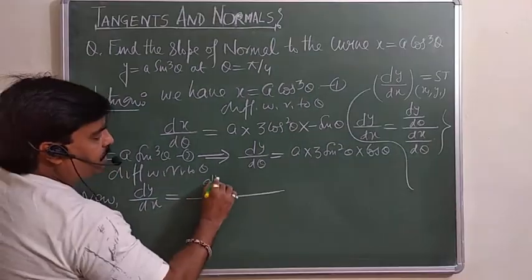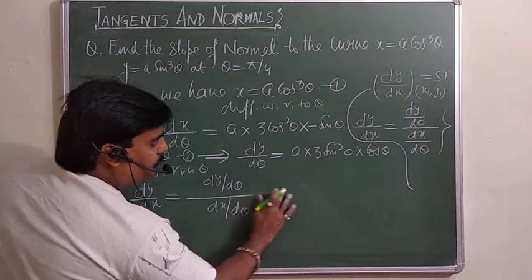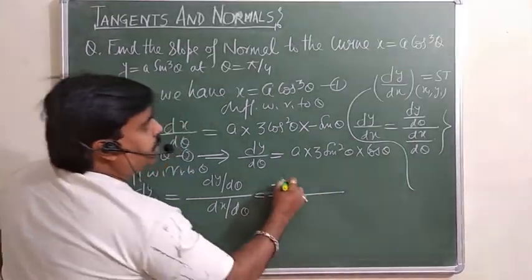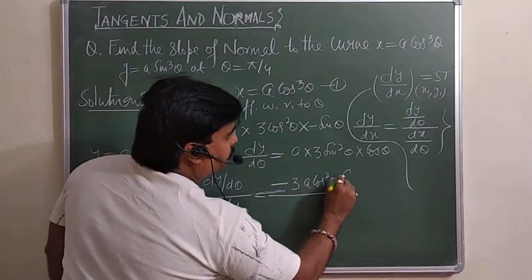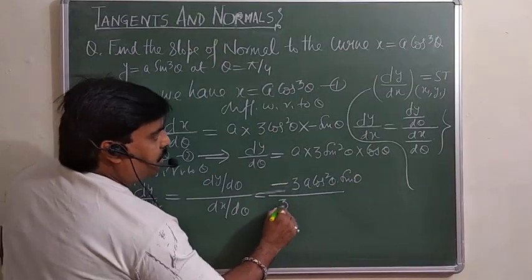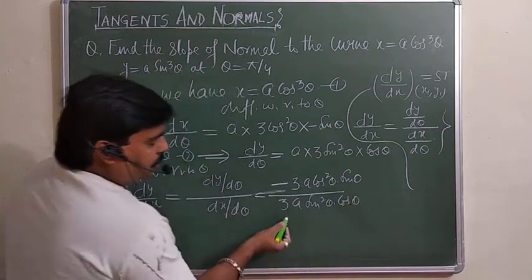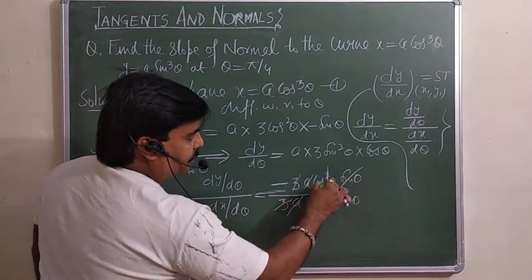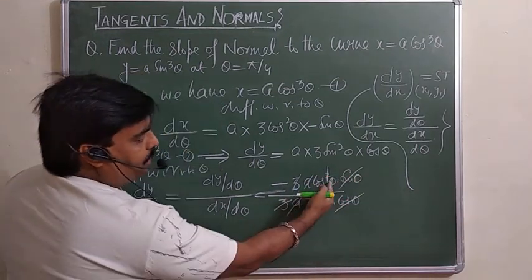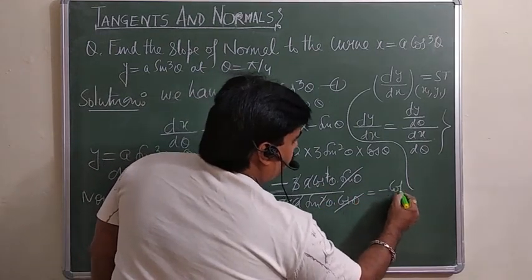So that is dy over d theta divided by dx over d theta. You have to put the values here. So you will get minus 3a sin square theta cos theta over 3a cos square theta sin theta. The 3 and 3 cancel, a cancels, and you are getting sin theta over cos theta, so you will get minus tan theta.